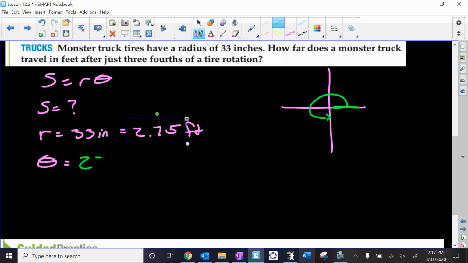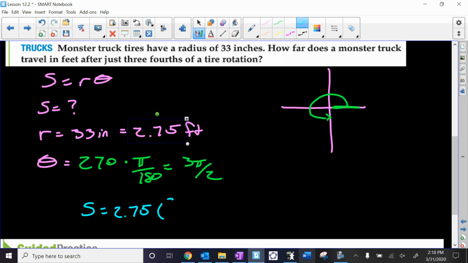So we're going to take 270 times pi over 180, because I need to get it into radians. 270 over 180 is going to simplify to 3 pi over 2. And now you may multiply. To get your answer, our arc length is equal to our radius of 2.75 times 3 pi over 2.